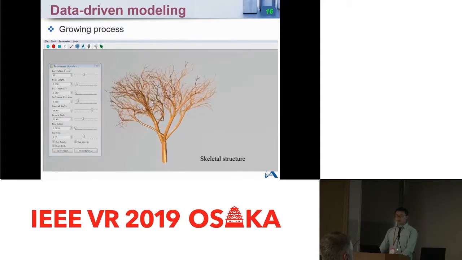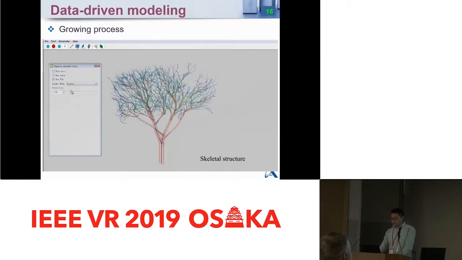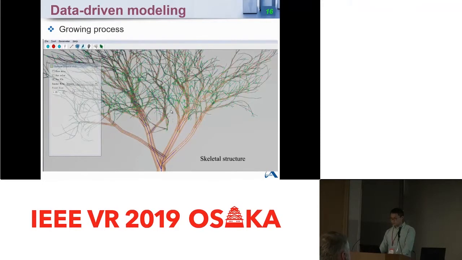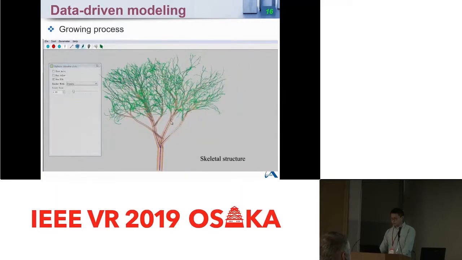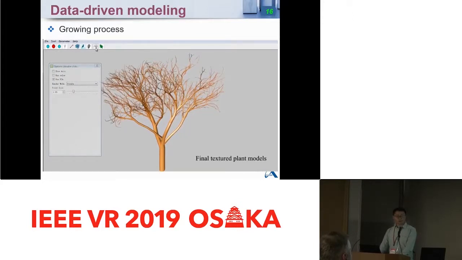Now we show the skeletal structure. Here the blue line is the 3D skeleton and the green points are the nodes. Finally, we add the texture and the leaves to finish the model.